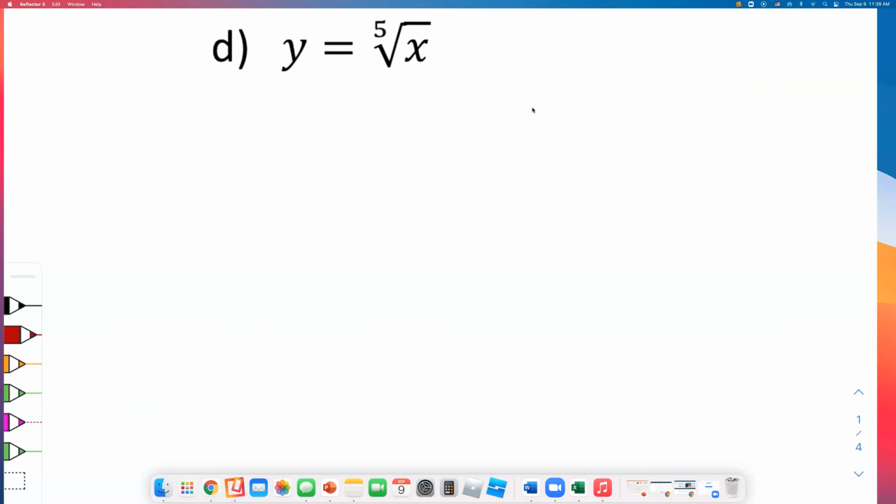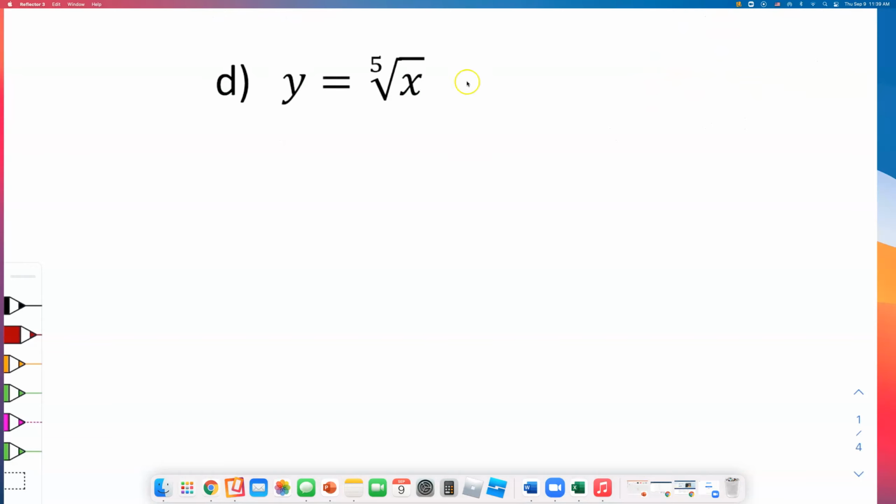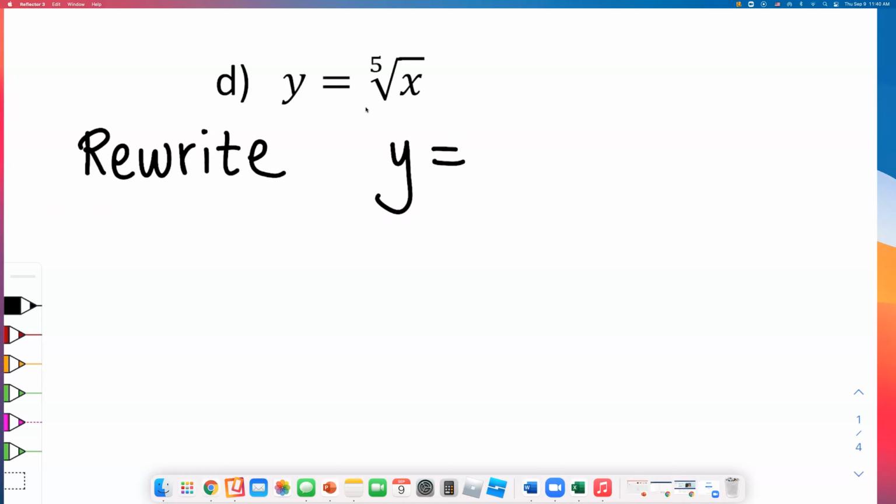I'm on part D. It says y is equal to the 5th root of x. Now I have to show you a little trick here. In order for you to use the power rule, you need to have an exponent written. You have to write this in the form of an exponent. So I will rewrite this: y equals x to the what power?